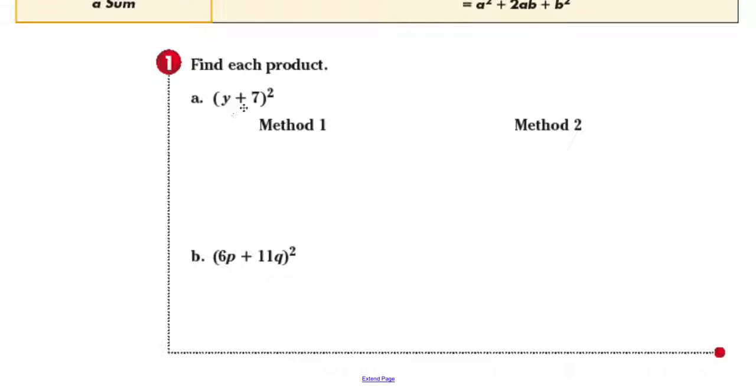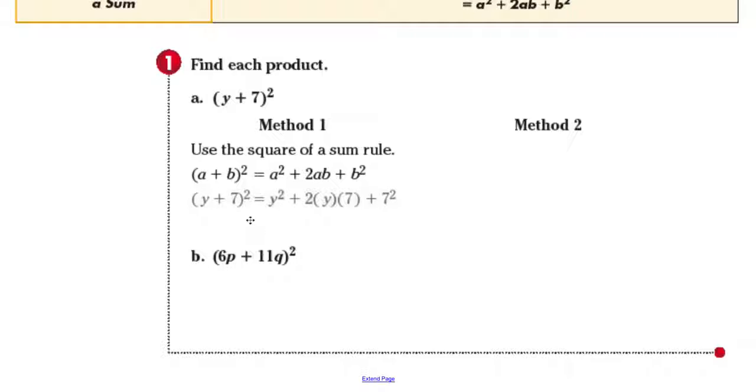So find each product. y plus quantity (y + 7) squared. Method 1, we are going to use the square of a sum rule. So if we use the square of a sum rule, we now have the pattern a squared plus 2ab plus b squared. We want to find out what a is and what b is, and simply follow this pattern.